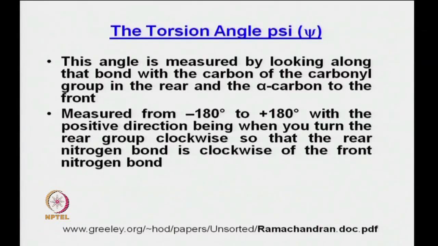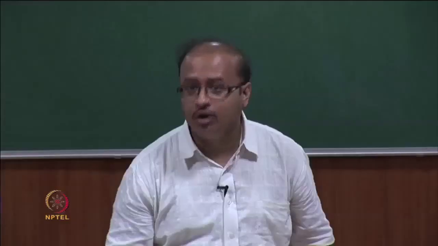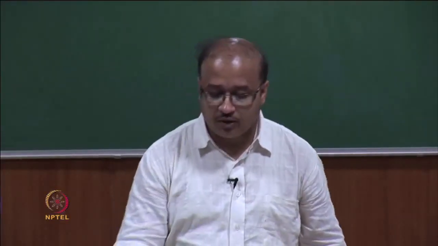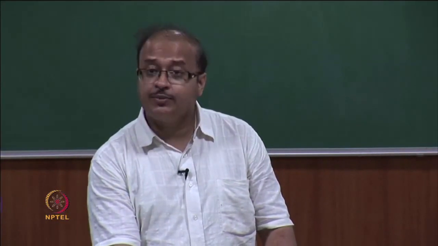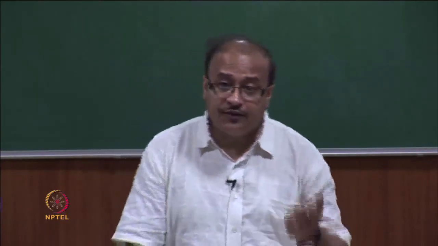Now, measure from minus 180 to plus 180 with the positive direction being when you turn the rear group clockwise. So, the rear nitrogen bond is clockwise of the front nitrogen bond. Okay. Remember in that case we talked about the carbonyl bond or the carbonyl group. Here we are talking about the nitrogen NH. So, what is your definition of positive?